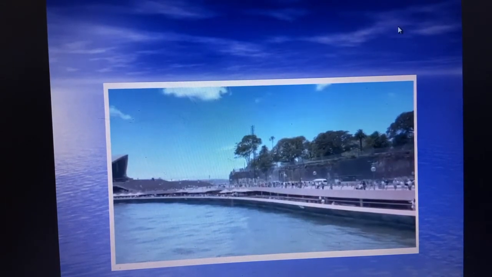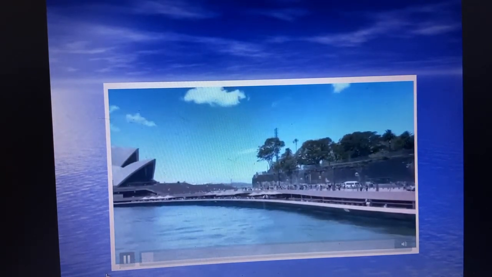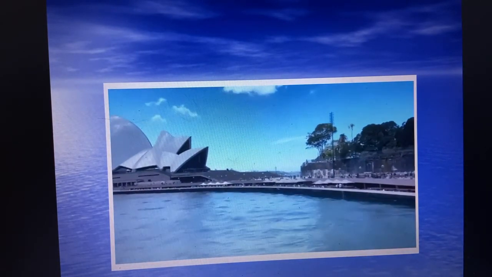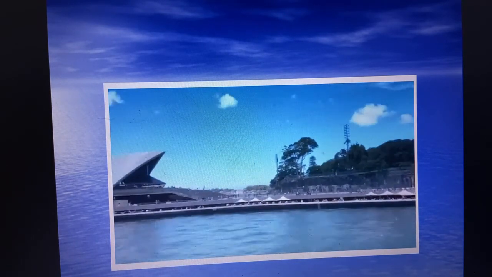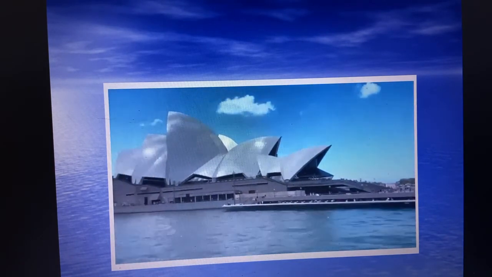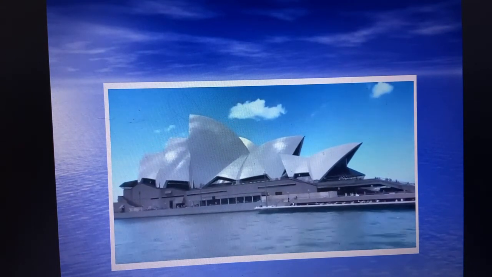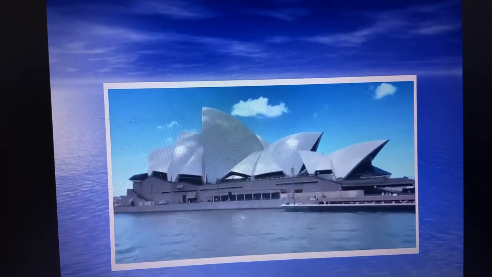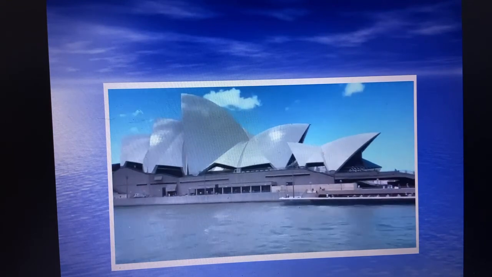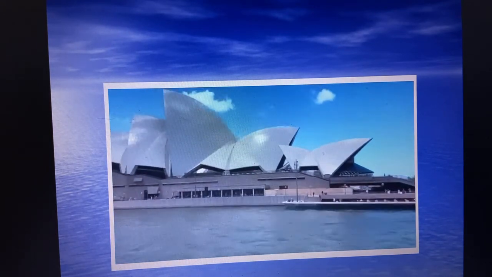I want you to watch this live video about the Sydney Opera House. Look at this building. It looks like a sailboat, and it is shiny because these ceilings are made of ceramics, white ceramics.